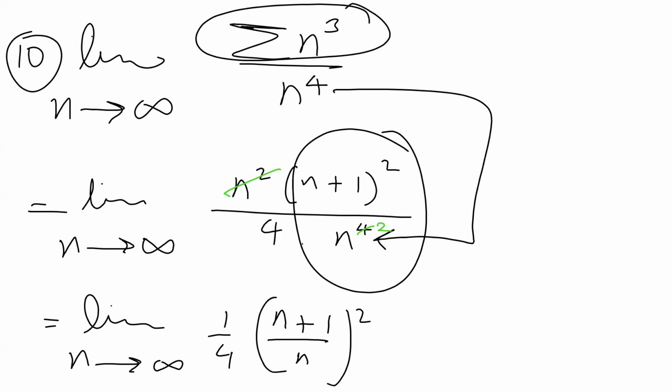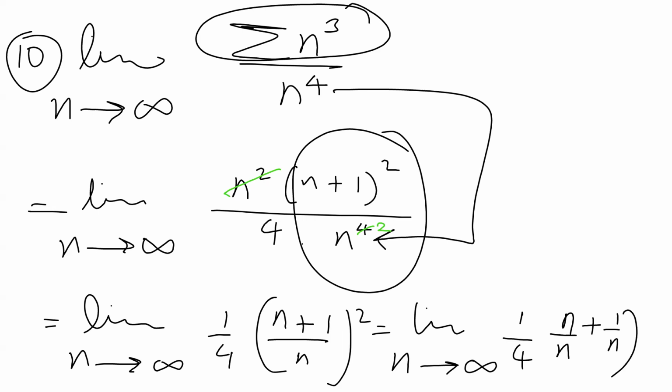So we took a common square. So this is limit n approaching infinity 1 by 4 into n by n plus 1 by n, the whole square. Now this is 1. Now what to do, guys? Anyone? Substitute value of n. Substitute n as infinity. Correct. Put the value of n as infinity, so this is 1 by 4.